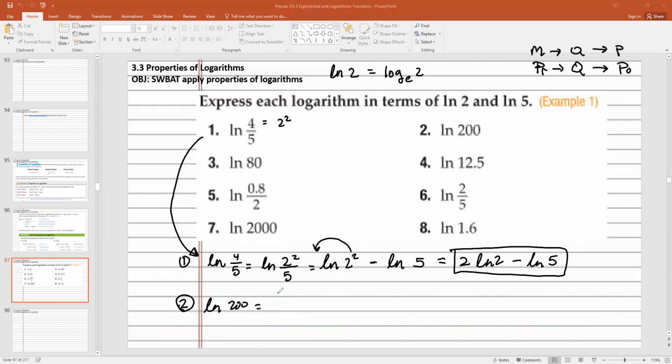And 200, we want to write that as a 5 and a 2. Okay, how can we write that as a 5 and a 2? So you can do it this way. 200 is 2 times 100. 100 is 2 times 50.